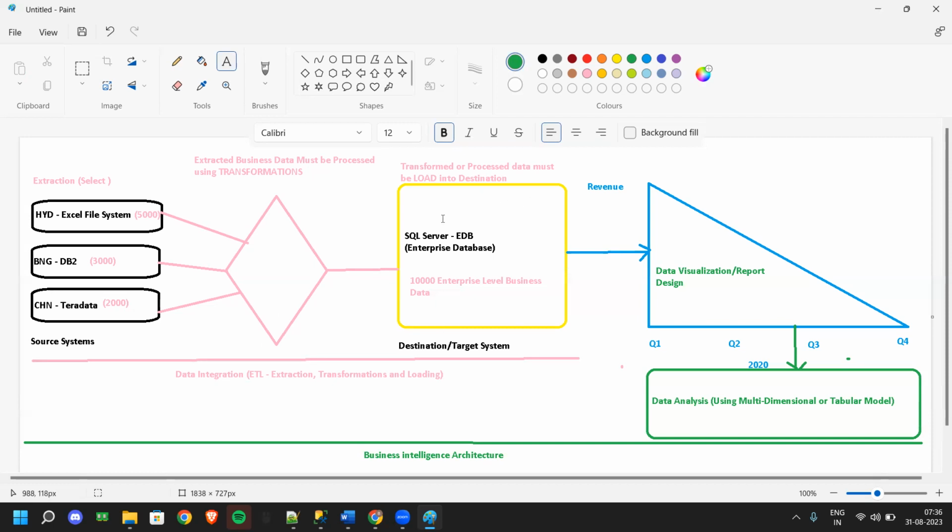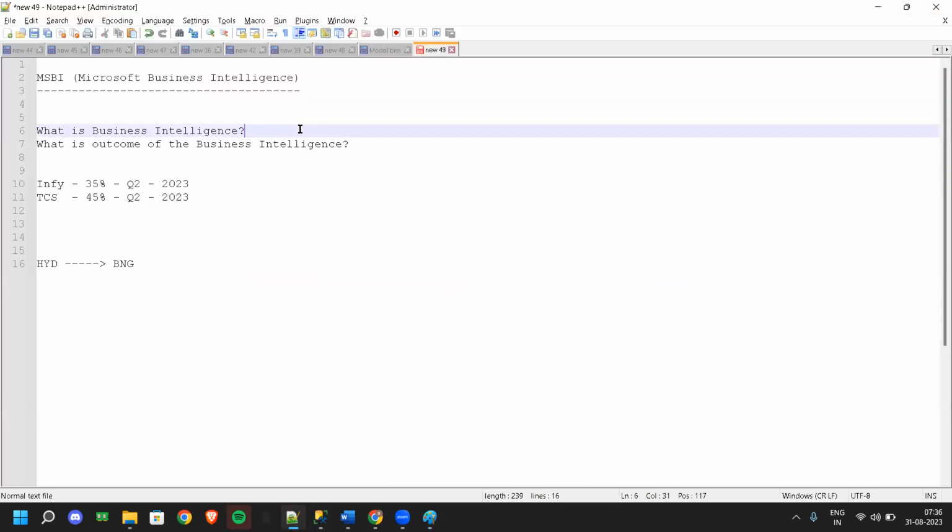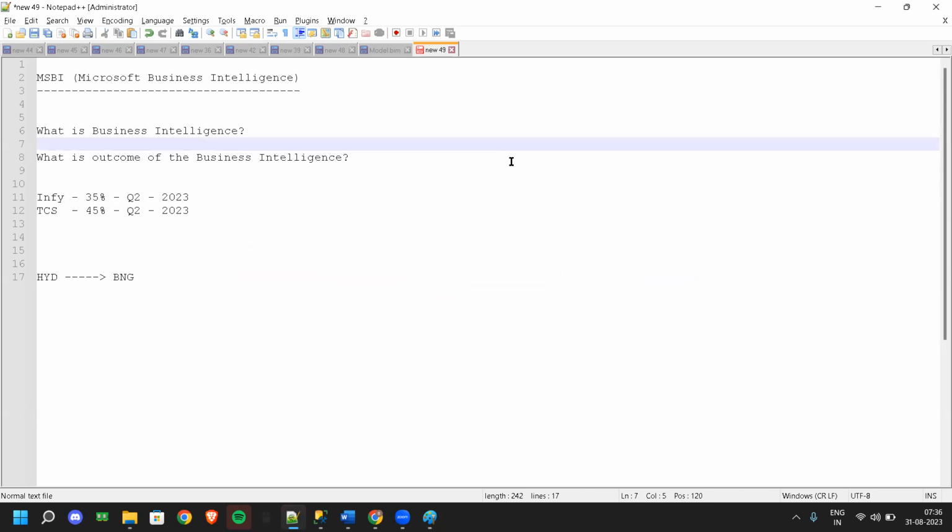Transformed data must be loaded into the destination system to maintain enterprise-level business data. This business data must be used for reporting, and the report must be thoroughly analyzed by the business analytics team. So these are the different activities involved in any BI.